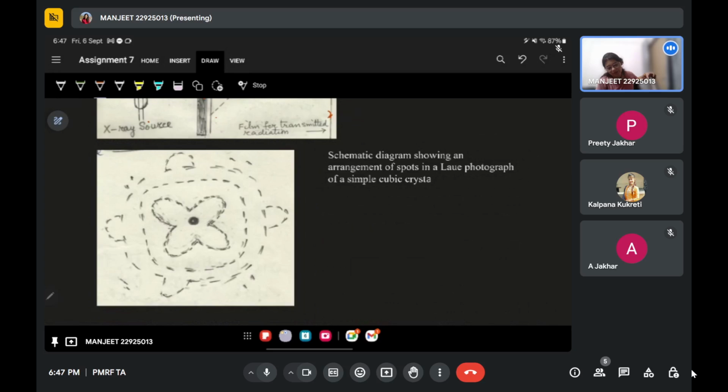Because we have the transmitted as well as the reflected light, we get this kind of elliptical pattern.